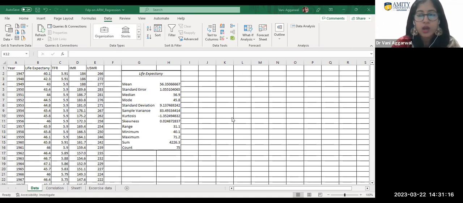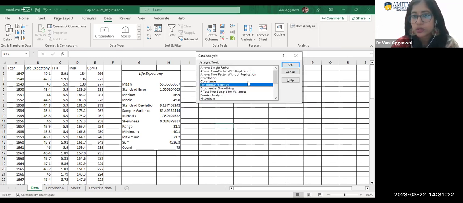All right, so how do we do that? If you click on Data Analysis, there is this option, Correlation. Under Data Analysis only, first we worked on descriptive statistics, next is correlation.